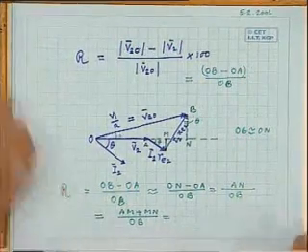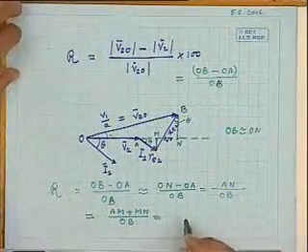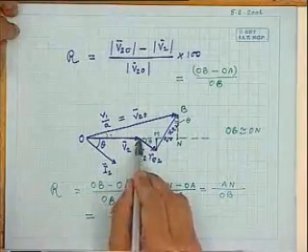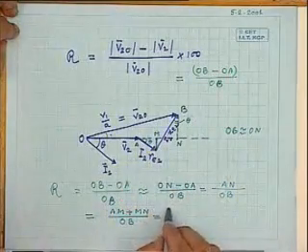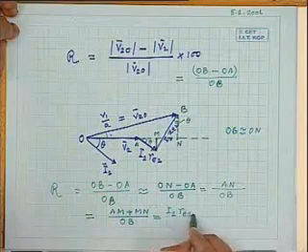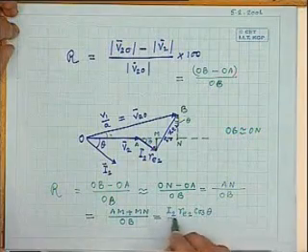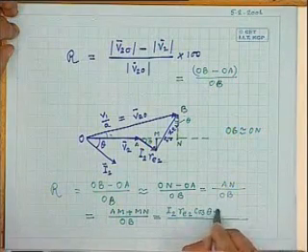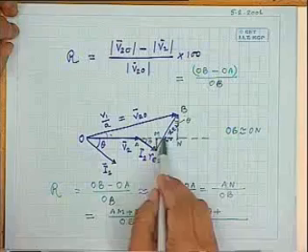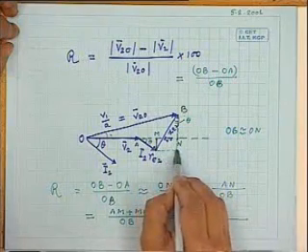Now look here. AM is equal to what? I2 RE2 cosine theta, the projection of this on this one. So this will be I2 RE2 cosine theta. Then plus MN. MN is this length, which is nothing but this length.